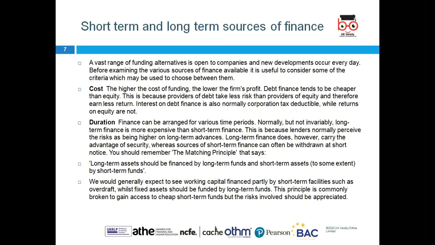If you need to buy some stock like medicine, you can use a short-term source of finance. But if you need to buy a building or plant or machinery, like an X-ray machine or different sorts of machinery in a hospital, you use a long-term source of finance, because you will use this asset for a long period of time and it costs more.